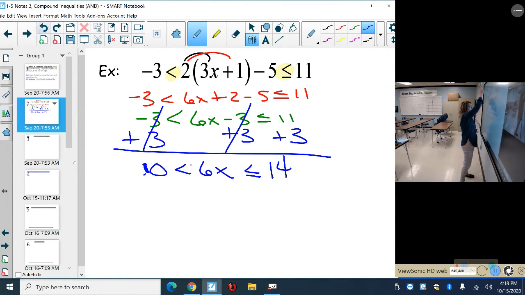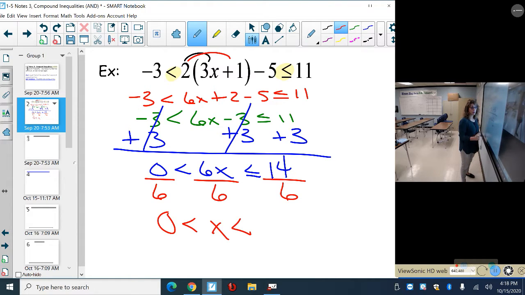Divide by 6 on the left, the middle, and the right. So 0 is less than x, which is less than or equal to... divide them both by 2. The 14 and the 6 are both divisible by 2. So what's 14 divided by 2? That's going to give you a 7. And 6 divided by 2 is going to give you a 3.